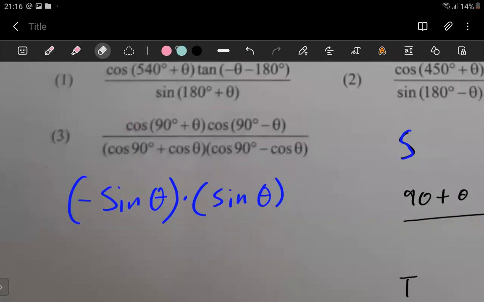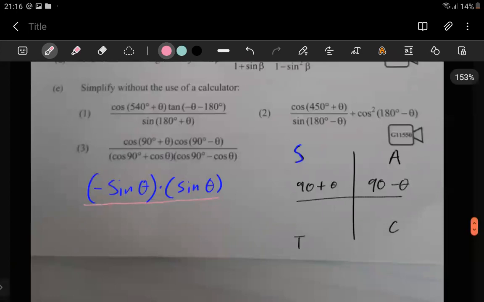So at the bottom here of our division line, we have the cos 90. Cos 90 is just a special angle. So cos 90 in your calculator is just going to be 0, you see. So we don't even have to write it. So it's just 0 plus the cos θ there. This is also a 0.